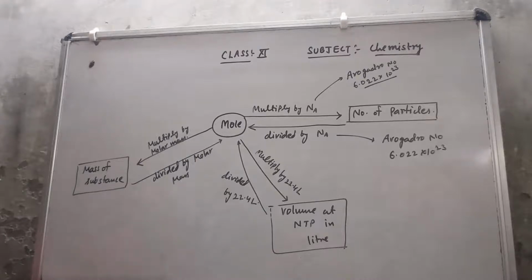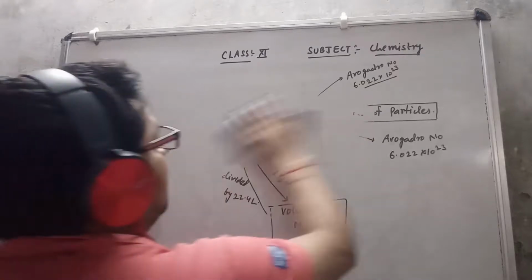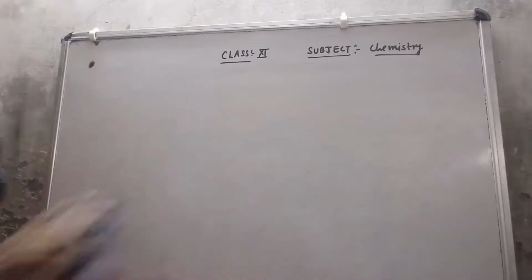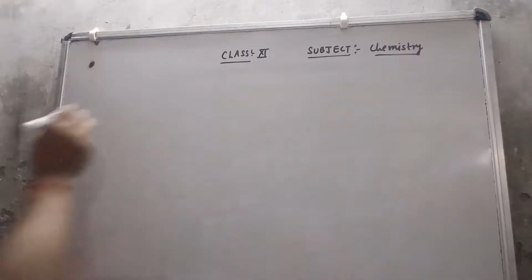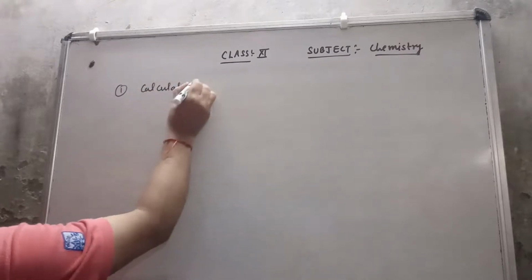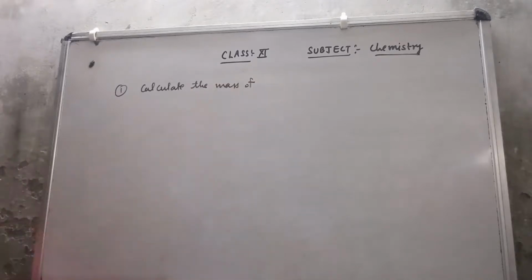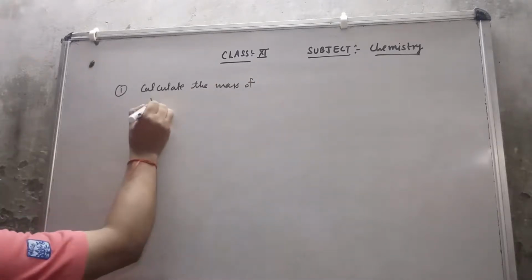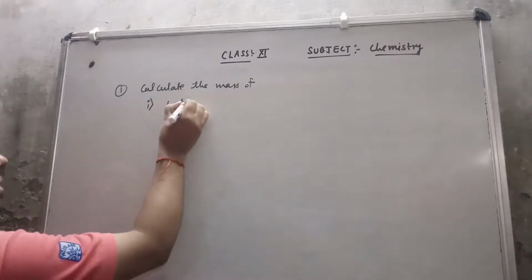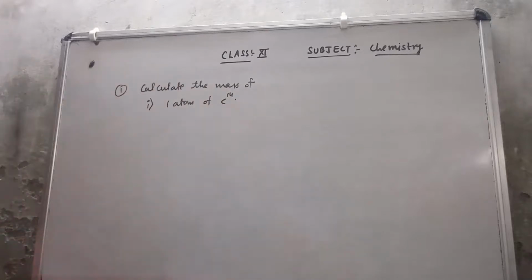Now come to the point. I am coming with the numericals related to the mole concept. Now the first numerical: calculate the mass of one atom of carbon 14.